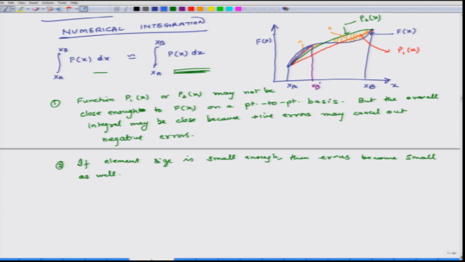So, the two points are that there may be positive errors and negative errors, and an approximation function may still be good, and if I make my element size small, then this approximation becomes even better.